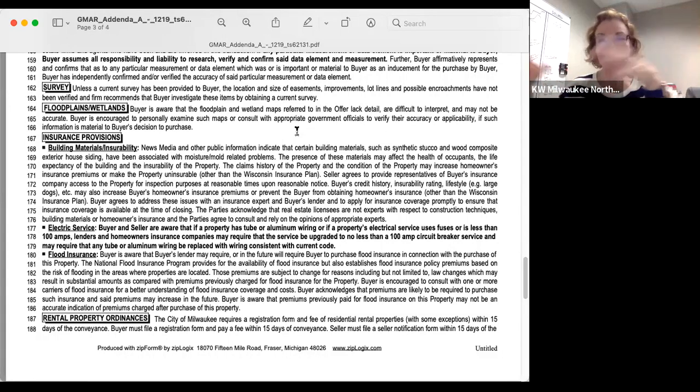So if there's a lawsuit and you get into the court, the judge is going to say, buyer, what did you do to figure this out? Or buyer, what did you do to find out if there is floodplain in your backyard? Addendum A clearly says that the buyer also bears that responsibility.